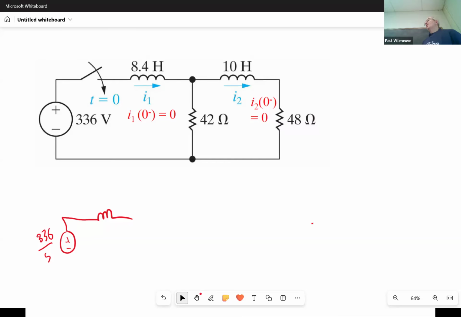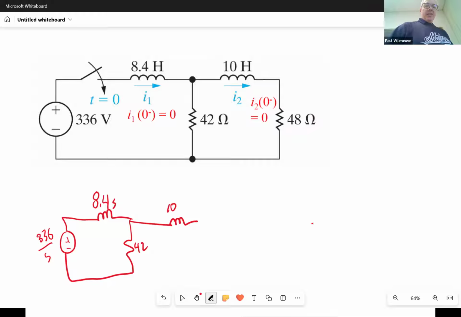It acts like a resistor as long as you put the right variables in it. Remember, the right variable is S times L, right? You just multiply the inductor value, 8.4, by S, and you get the actual Laplace resistor, we'll call it, right? Because there's no derivatives here. We're just multiplying by S. Our resistor is a resistor is a resistor.